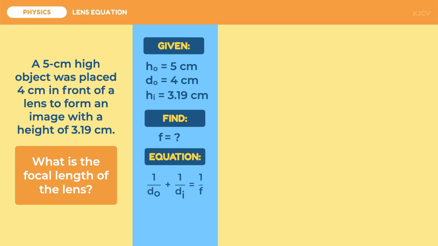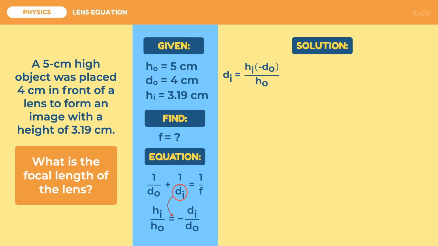Remember that the image distance can be computed using the magnification equation. In this case, it can be computed using the magnification equation involving the height ratio being equal to the distance ratio. To solve for d sub I, we are going to multiply both sides of the equation by negative d sub O. Thus, we have the image distance is equal to the image height times the negative of the object distance all over the object height.